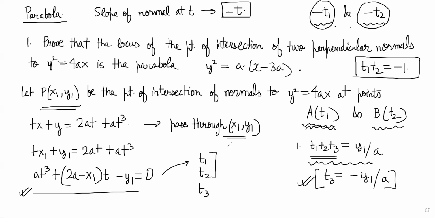Now, obviously, the normal at T3 also passes through this point, right? So we can say, since there are three normals actually from this point, the normal at the point T3 will also pass through x1, y1. So if I write the normal at T3 equation, it will be T3 x plus y is equal to 2a T3 plus a T3 cube, and it passes through x1, y1.